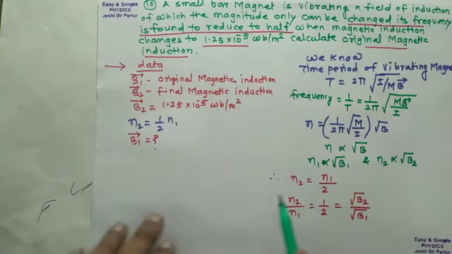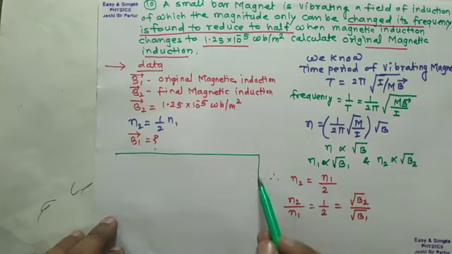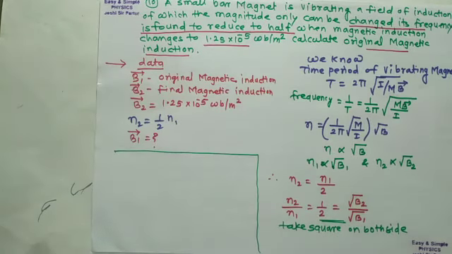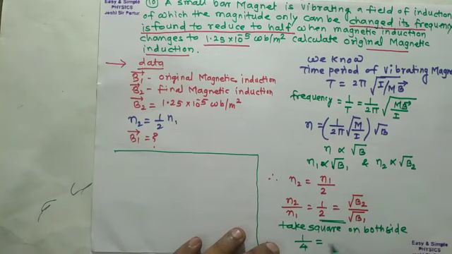Here take square on both sides. In that equation, square is there, so it will be 1 upon 4 is equal to B2 upon B1. We can find out B1.